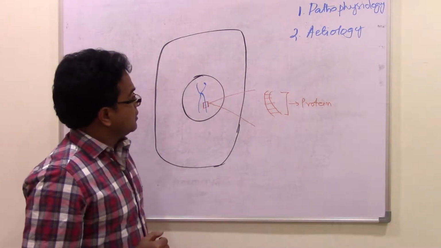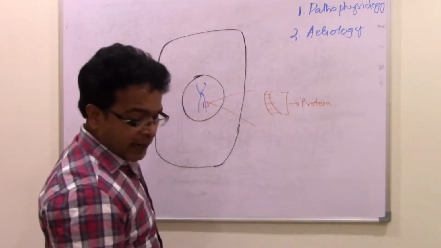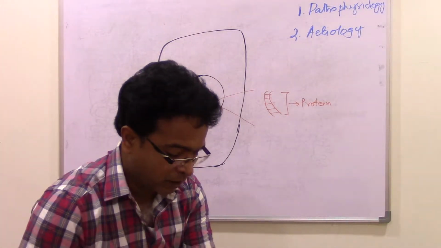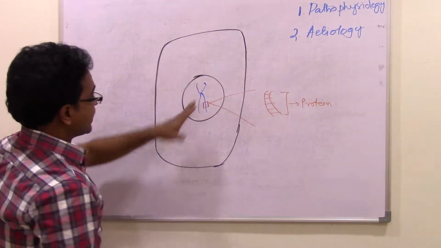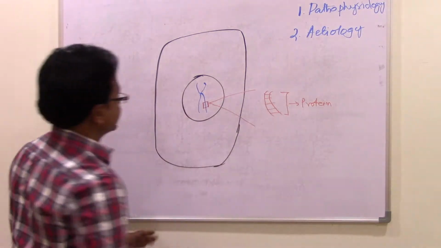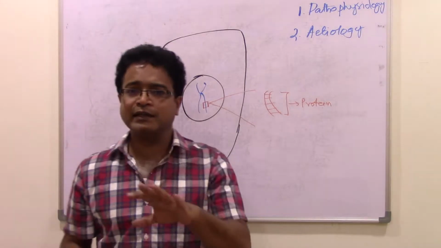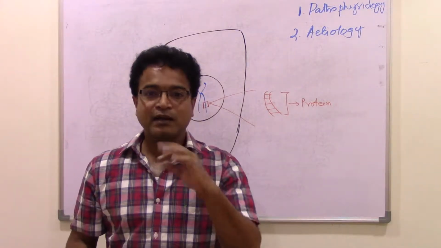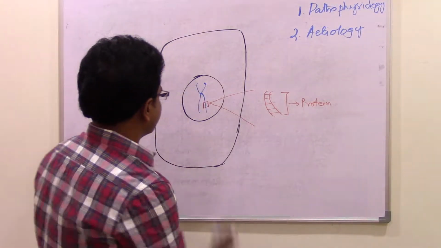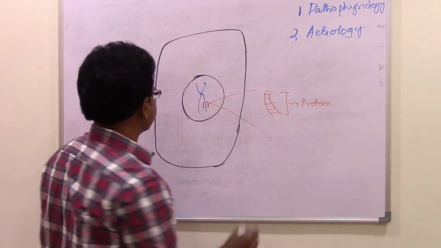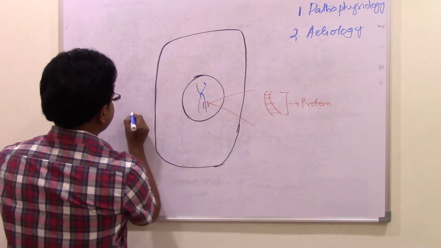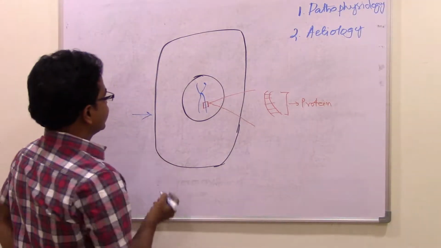Now, the thing is how these chromosomes, our genes, are activated. See, there are two types of environmental signals that we give to these chromosomes to get activated. One is from the periphery.